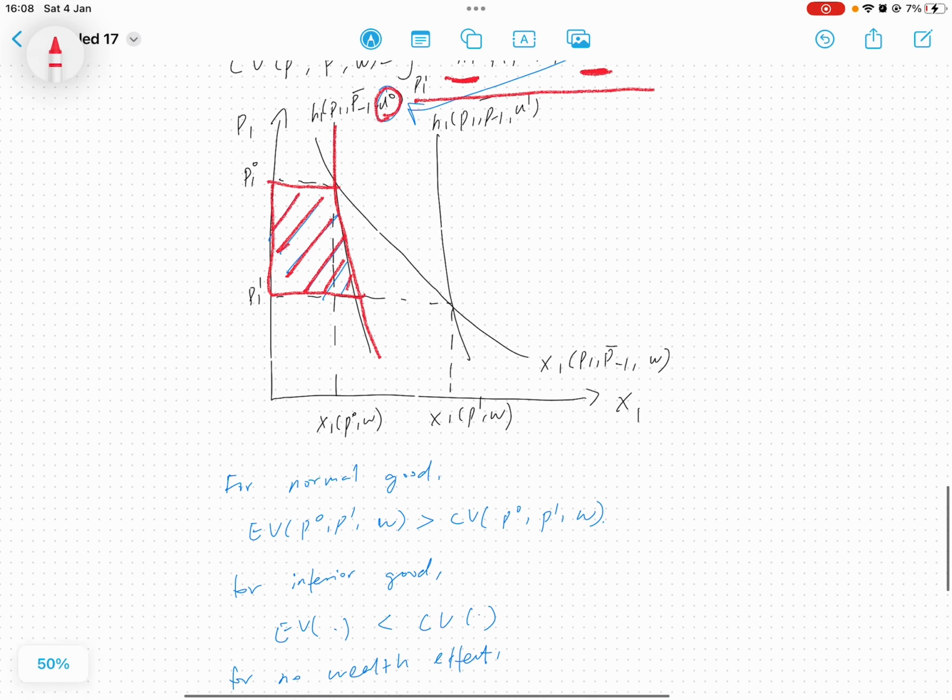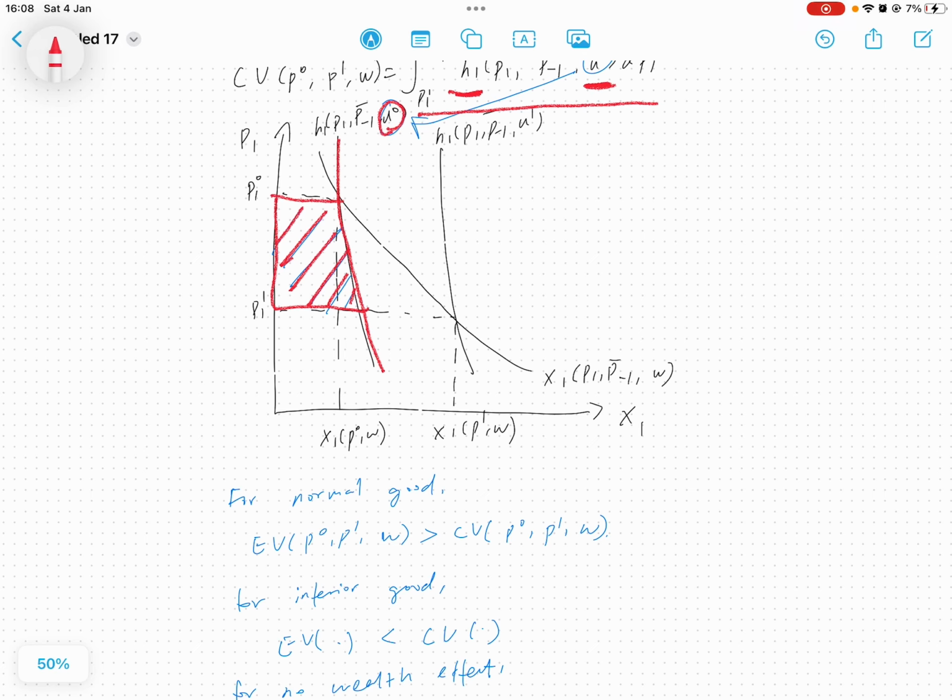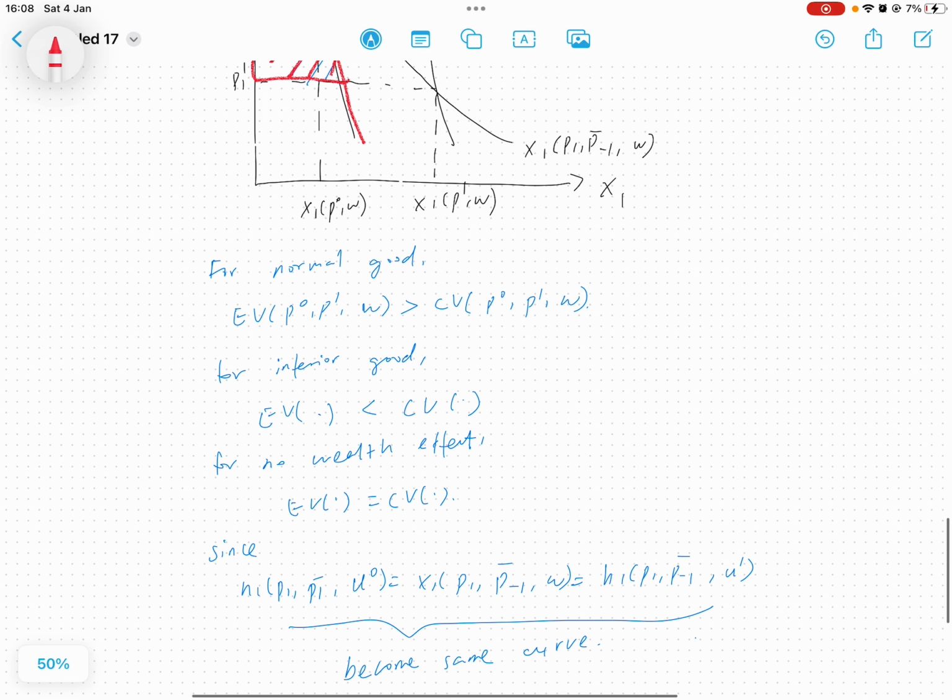Therefore, the area under those curves is exactly the same, and there will be no difference between the CV and EV in this case. Okay, good. That's everything about those different variations in the welfare analysis. Later we'll also talk about some other interesting results in the welfare theory.